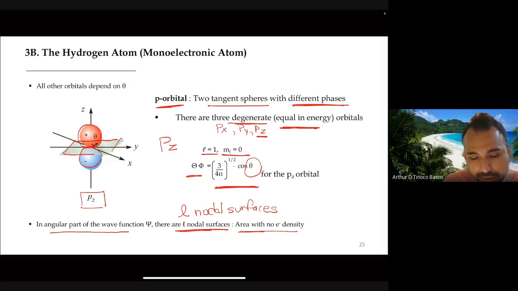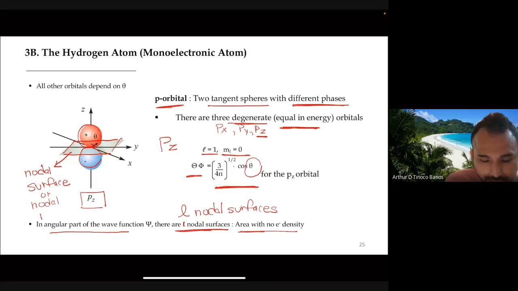This plane is located on the xy plane, and in that plane we have a nodal surface, or if you want to refer to it as a nodal plane. This is a location where there are no electrons. From this context, at the origin, that node is an angular node.